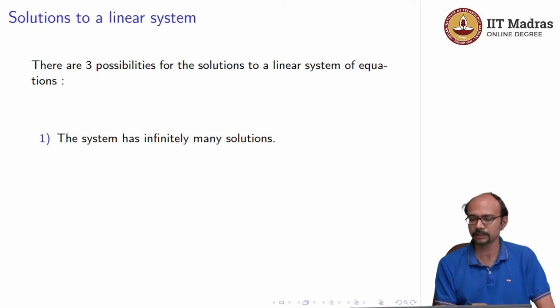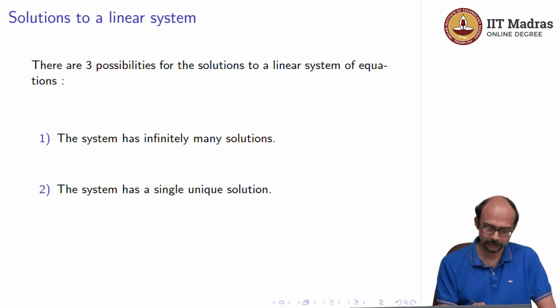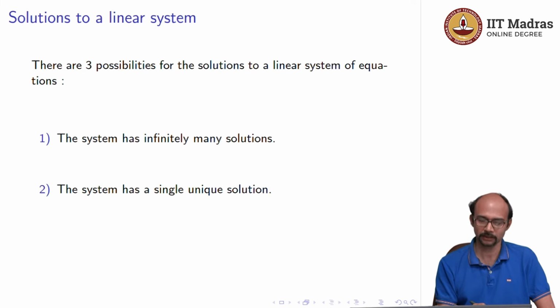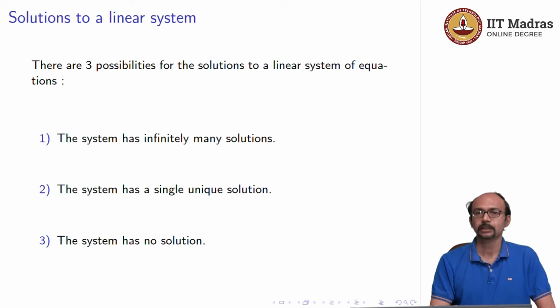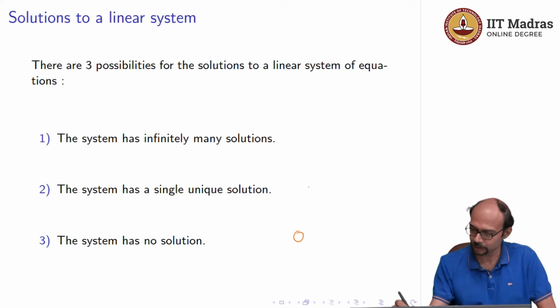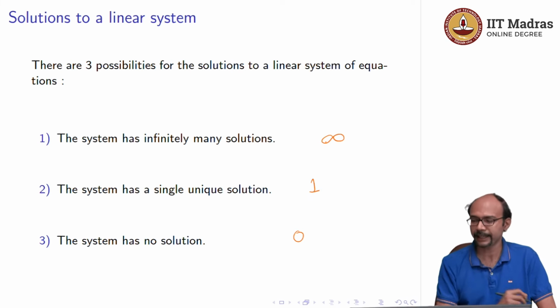Either a system has infinitely many solutions, or a single unique solution, or no solution. It cannot happen that a system of linear equations over the real numbers has exactly 3 solutions. If it has more than one solution, it will have infinitely many. So it can have 0 solutions, 1 solution, or infinitely many solutions.